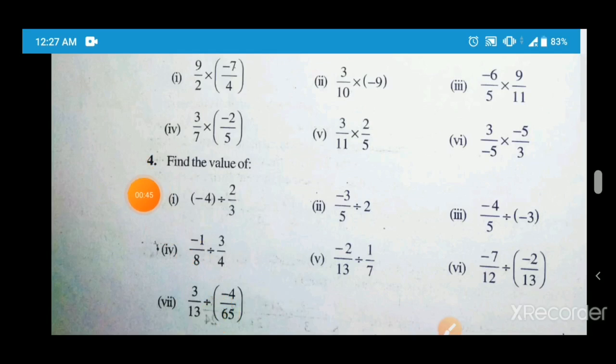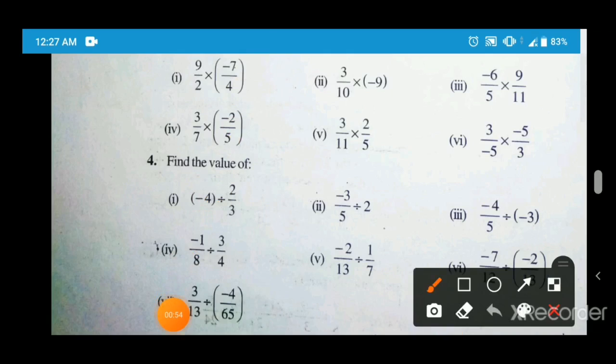Now question 4, find the value of part 1: minus 4 divided by 2 upon 3. So first we write it is minus 4 divided by 2 upon 3.